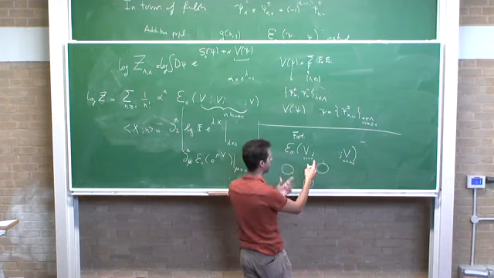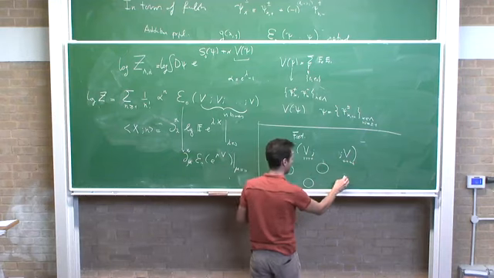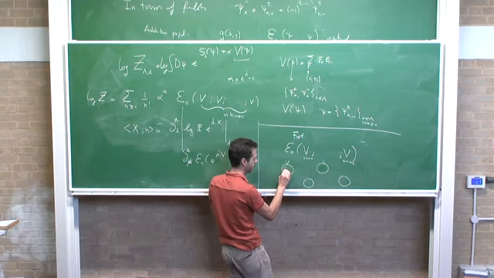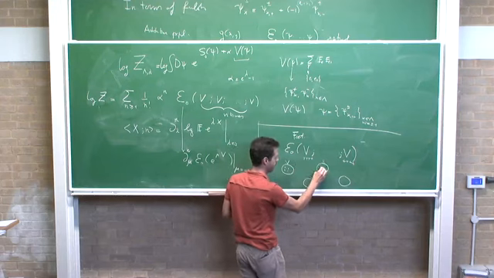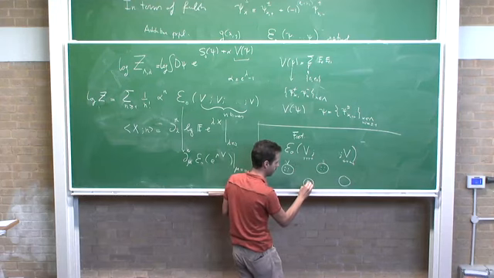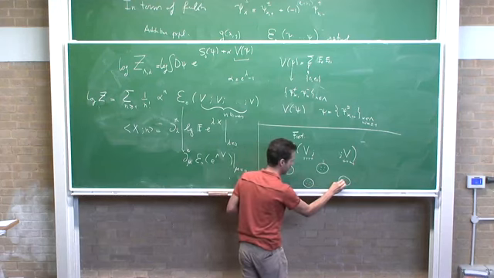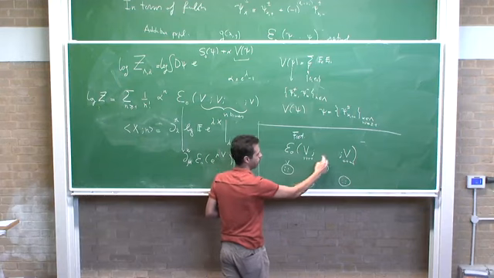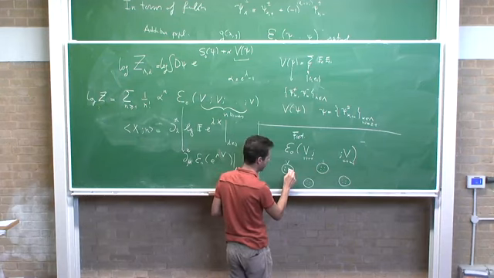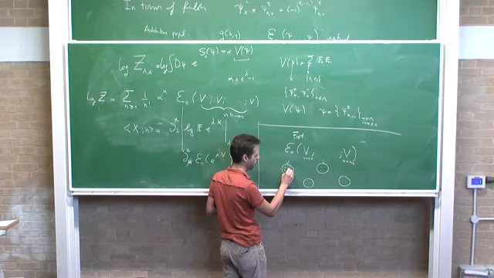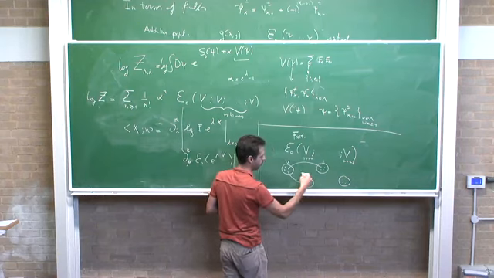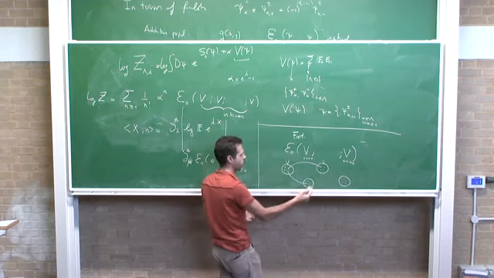This is something that can be proven, I think, inductively on n. Suppose I represent each V with a block. Each V has four fields, but there could be more in more complicated models. And for instance, here n is 4. When you compute the fourth cumulant of this V, you are not allowed to take all possible contractions of the fields, but only those such that all the 4 blobs are connected together.